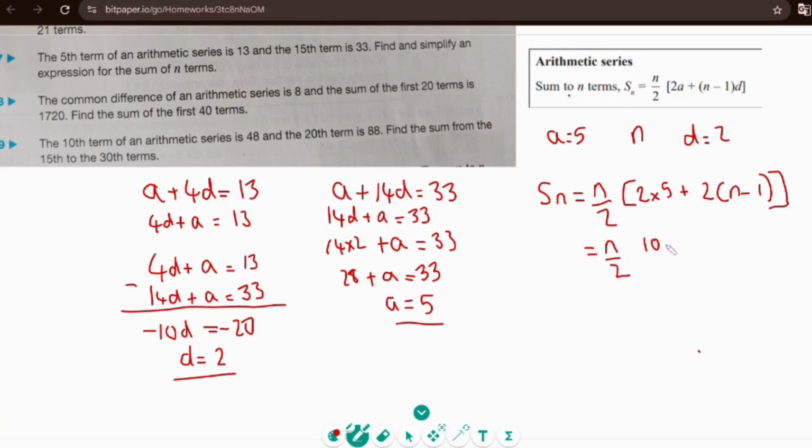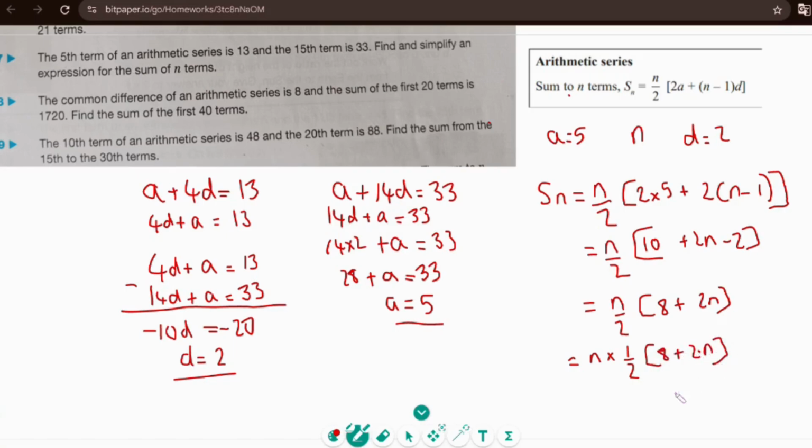Let's just simplify all of this. 10 take away 2 is 8. So this is n, this is half n. So I'm going to write it as n times a half, which is the same as a half n. And then what I can do is multiply out my brackets.